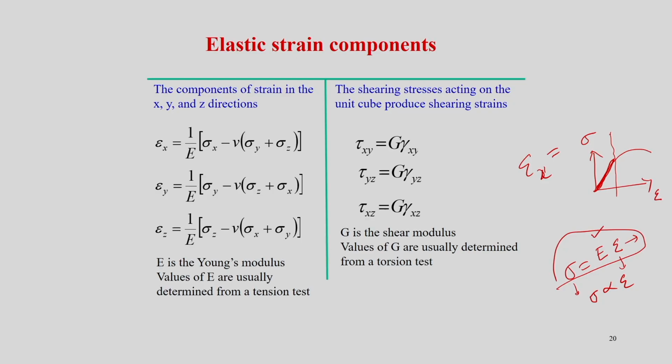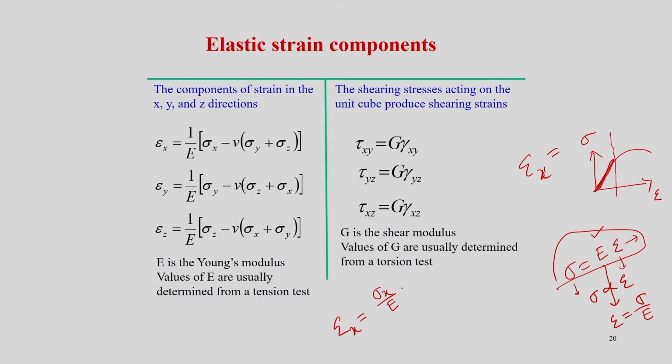Assuming the strain component is the normal strain component, the normal strain epsilon x has one component, sigma x by E. If the x direction strain is acting, sigma x by E is one of the strain components, and that strain is induced because of the stress along the x direction, sigma x.